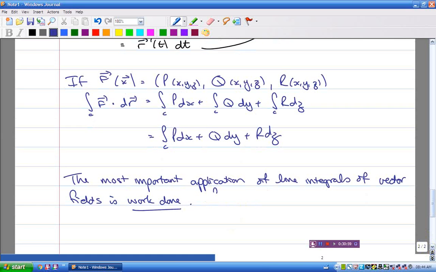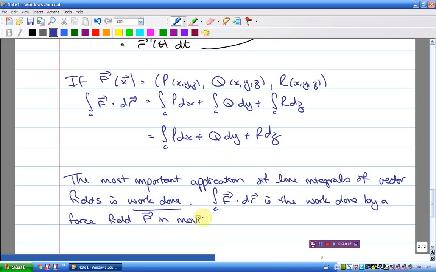Where the line integral of F dotted with dr is the work done by some sort of force field, very vague wording there, in moving a particle along curve C.